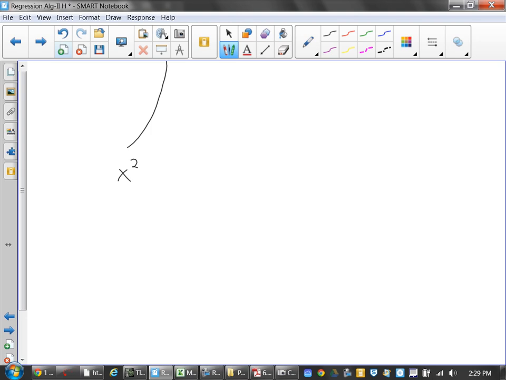Now, if I'm looking at one that has a hook, that's more than likely going to be a cube. Now, in your mind, you're thinking, well, an x squared term has one change of direction, right? This is only one direction, though. An x cubed function has two changes of direction.